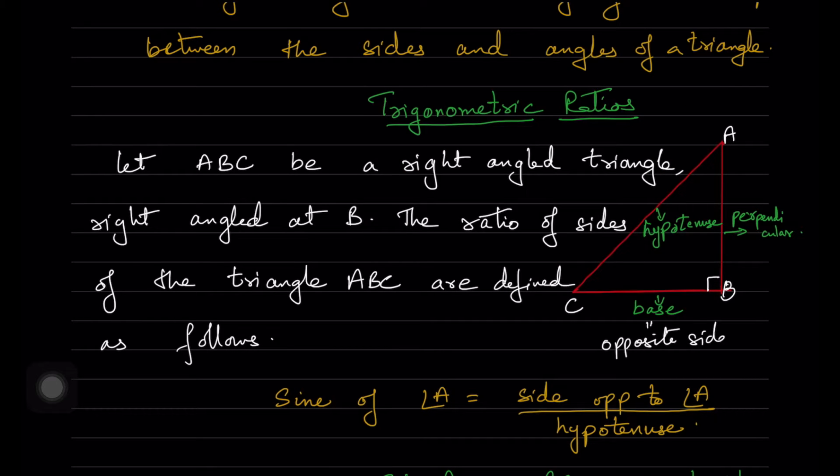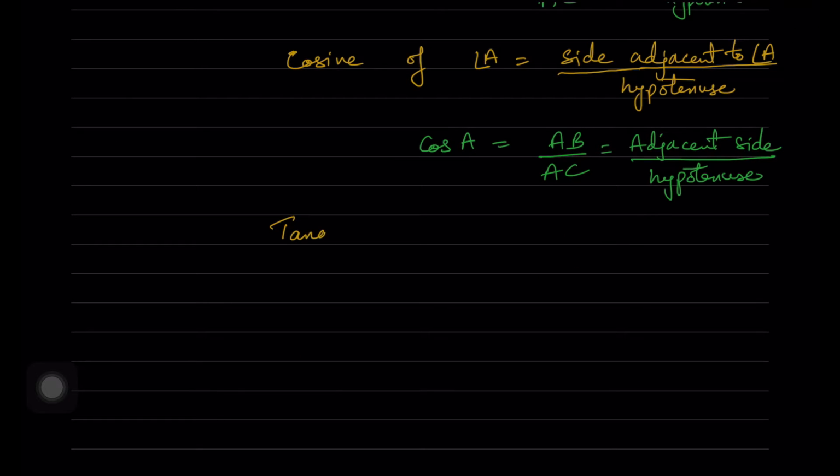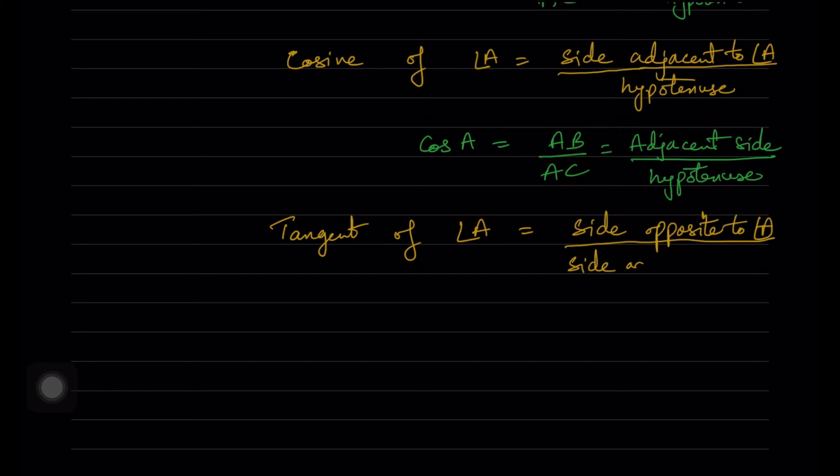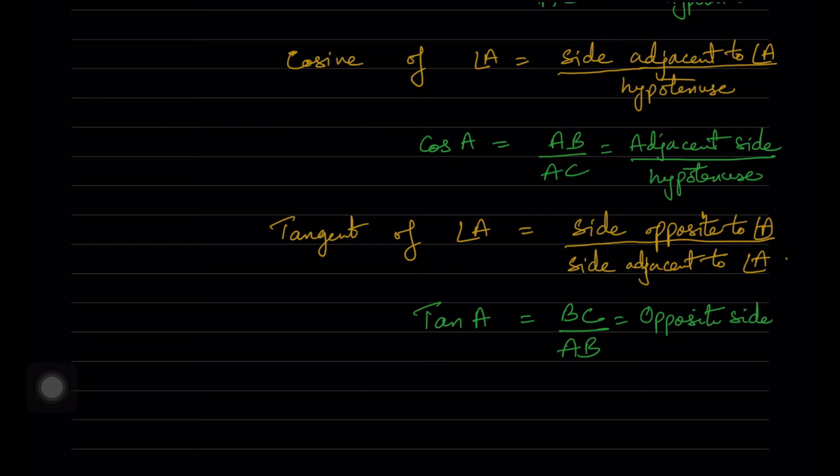So remember, AB is the adjacent side, BC is the opposite side, AC is the hypotenuse. Now next we have tangent of angle A, which is equal to the side opposite to angle A divided by the side adjacent to angle A. Then tan A is equal to BC by AB, which is opposite side by adjacent side.